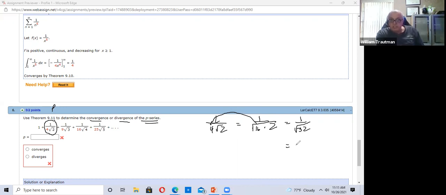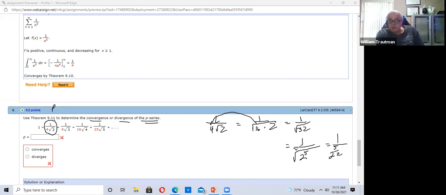And what we really have is 1 over the square root of 2 to the 5th power. 2 times 2 is 4, times 2 is 8, times 2 is 16, times 2 is 32, 5th power. And what we really have here is 1 over 2 to the 5th power to the 2nd root.